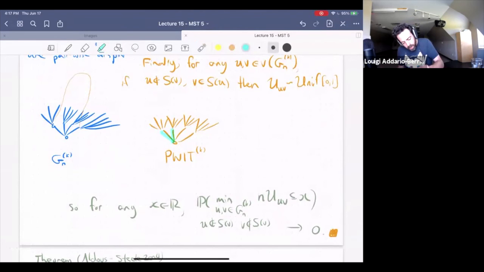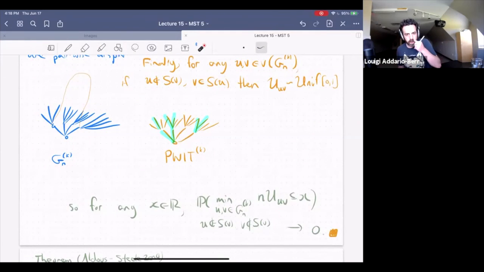You'll have some edges that go off from the root, and that'll be part of the wired minimum spanning forest. But then there will be other parts of the wired minimum spanning forest which are locally near the root, at a bounded weighted distance from the root, but they don't actually connect up to the root. This edge isn't here.